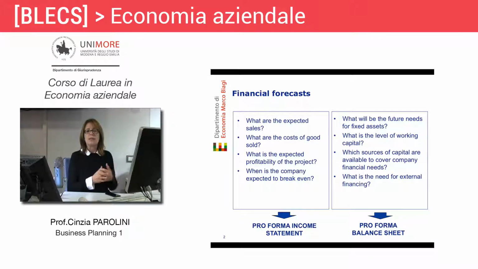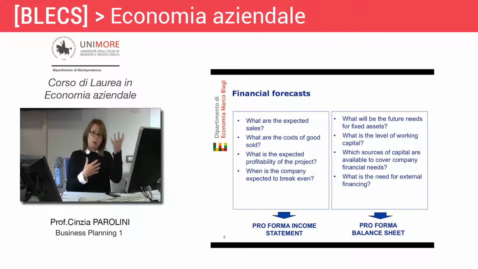Another use of funds is represented by inventory, that is the goods that we have already bought, that we have already manufactured, but are still in our warehouse and have not been sold yet. So those two items, accounts receivable and inventory, together are part of the so-called working capital.